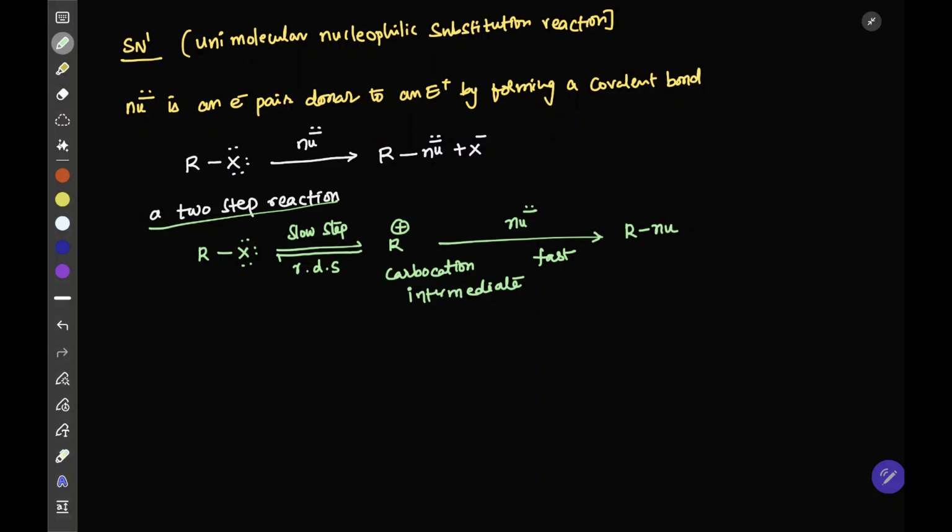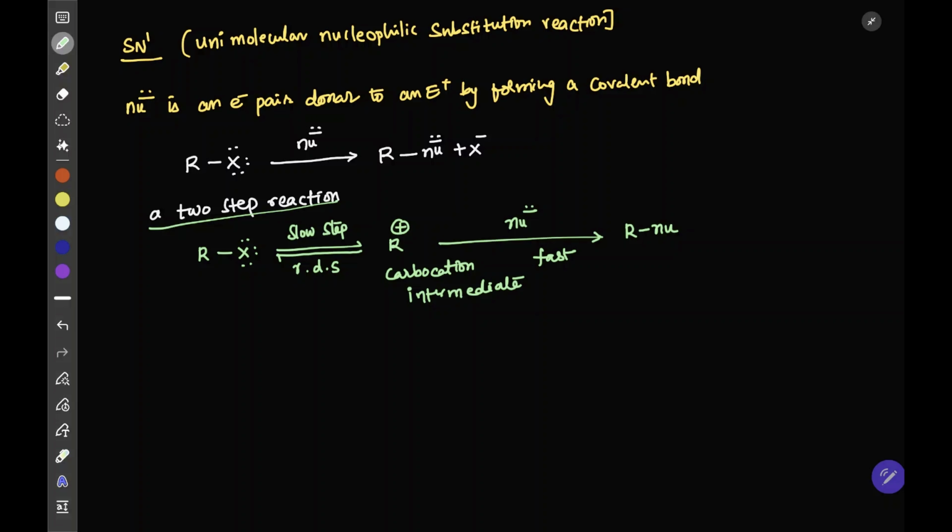Since a carbocation intermediate is formed, the more stable the carbocation, the faster the reaction. The carbocation stability order is 3 degree more stable, then 2 degree, then 1 degree.